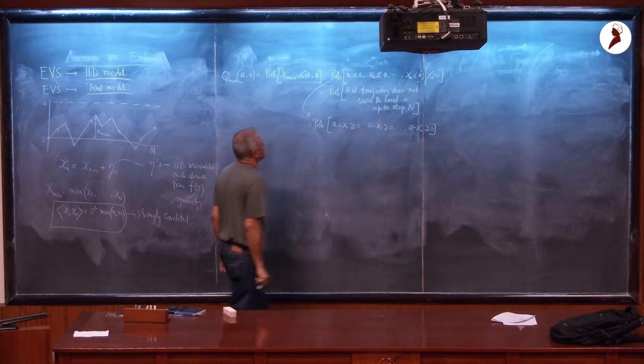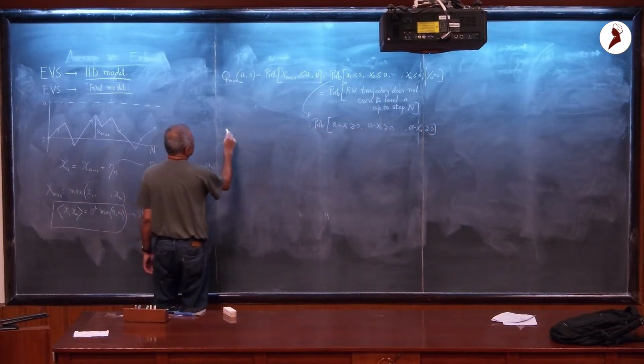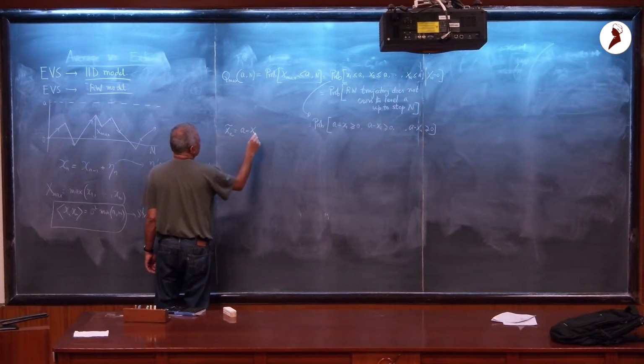Just rewriting this. Now if I call a new random walker, let's call it xn tilde, which is just a minus xn.